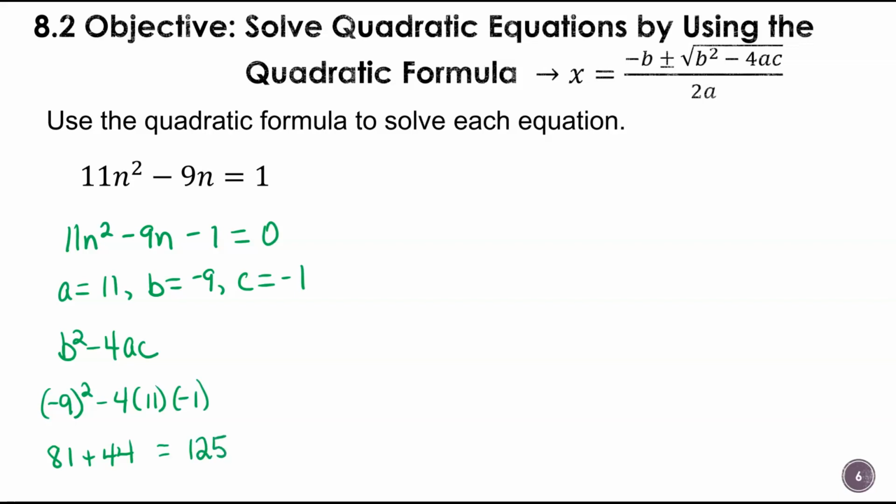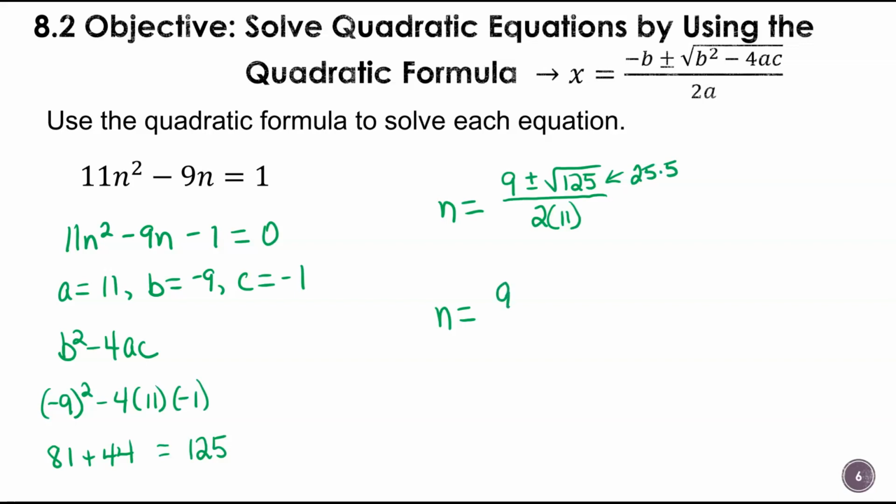And now I go to the formula. So x equals, the opposite of b would be a positive 9 plus or minus the square root of 125 over 2 times a, and a is 11. Okay, so I can simplify the 125 because that's 25 times 5.